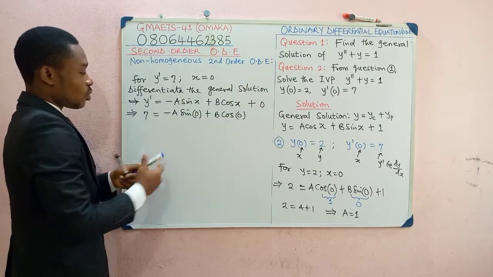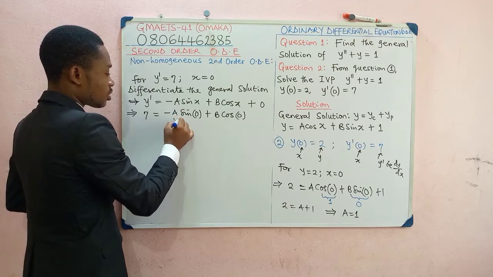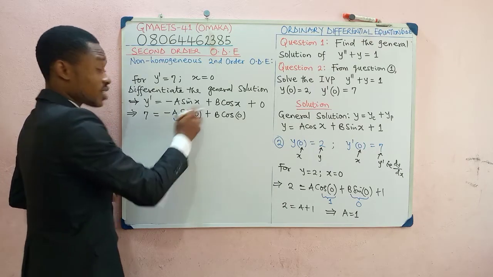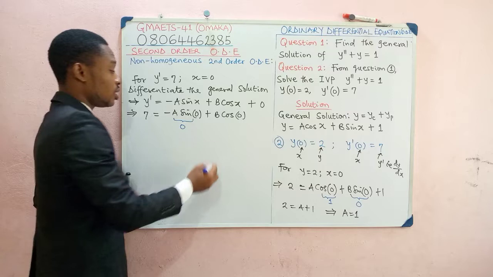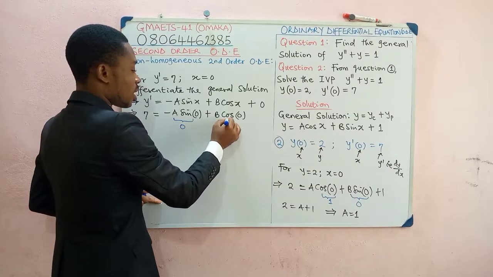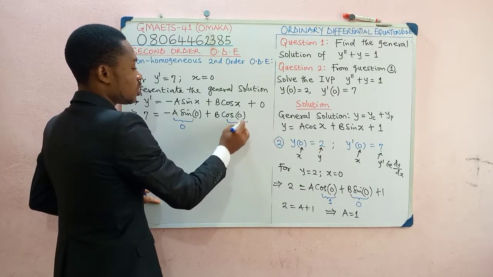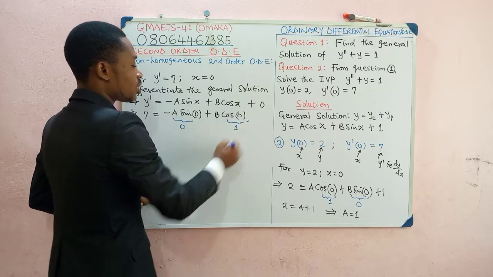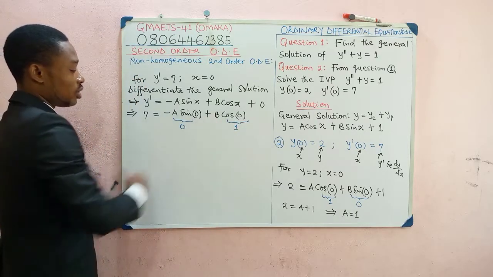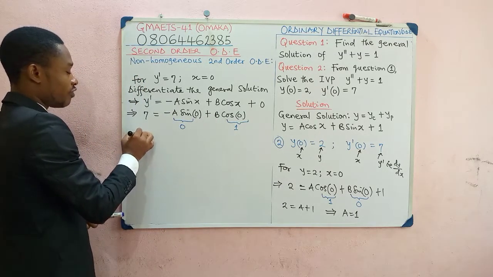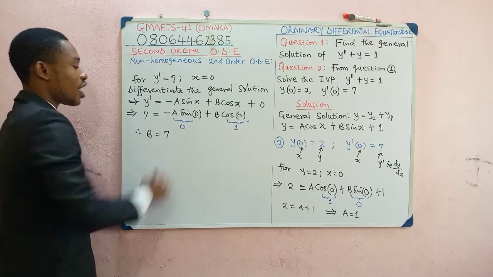This part gives us 0, since sine 0 is 0 and 0 times minus a is 0. And this part gives us 1, because cos 0 is 1, and 1 times b gives us b. Therefore, the value of b is equal to 7.